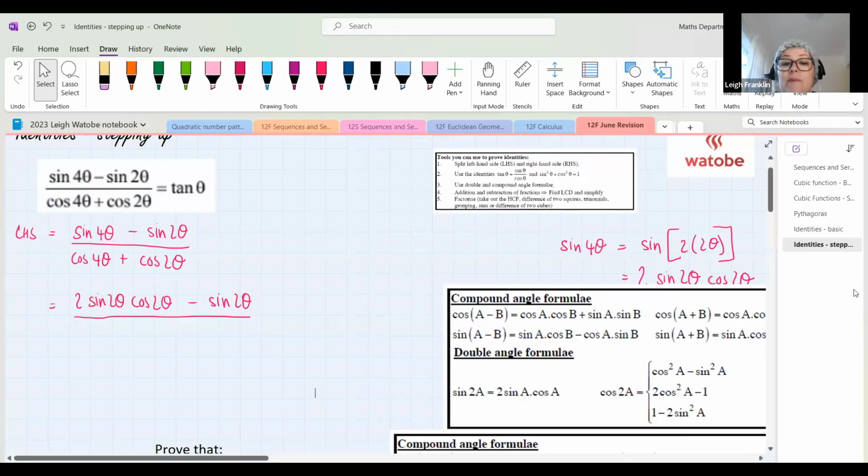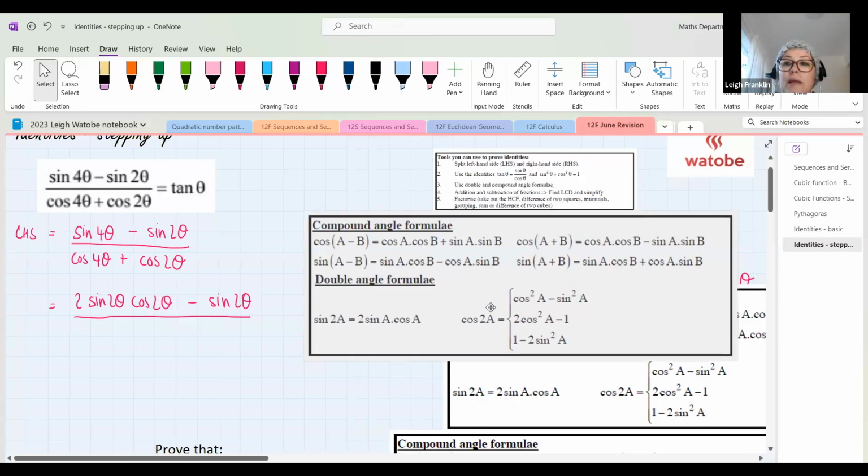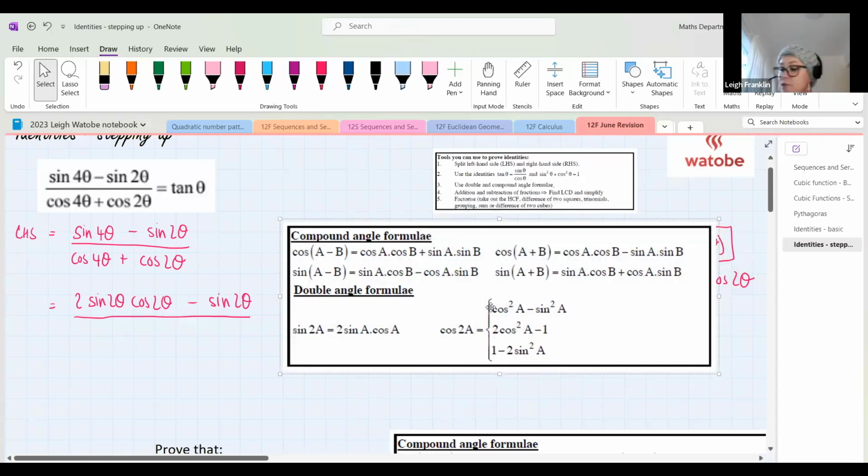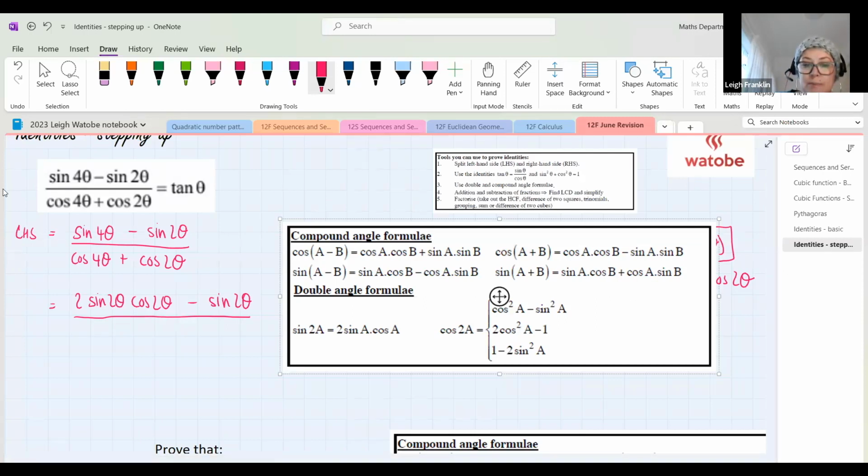If you have a look at your compound angle formulae, there's only one way in which we can write the sine double angle. That is as 2 sine A cos A, right? So that's where the 2 sine 2 theta cos 2 theta comes from.